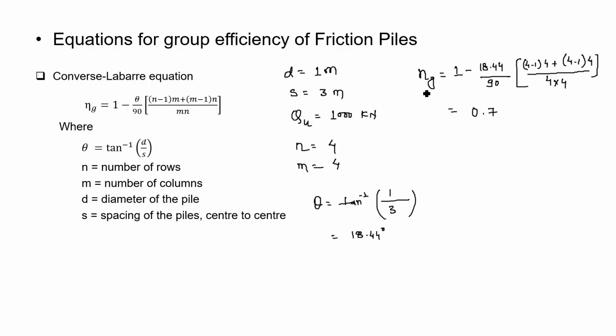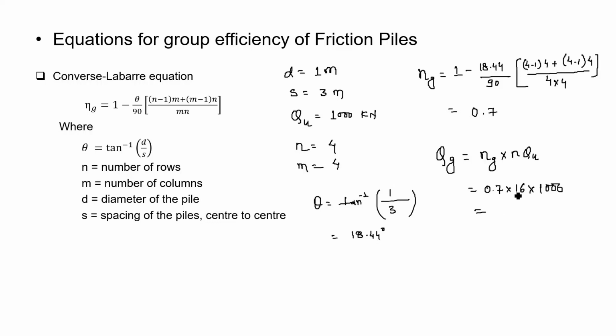Now based on this efficiency we can find the group capacity of the pile by the formula efficiency into n into Qu, where n is the number of piles in a group and Qu is the load capacity of an individual pile. The efficiency we got is 0.7, n is the total number of piles which is 16, and Qu is the individual load capacity of pile which is 1000 kilonewton.